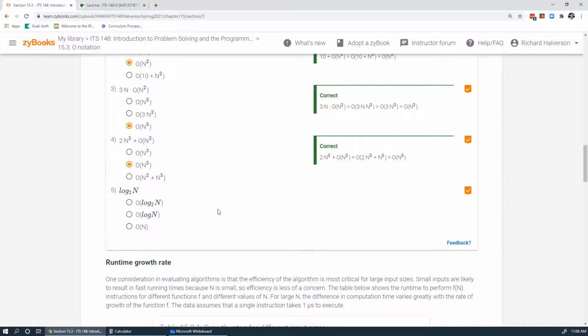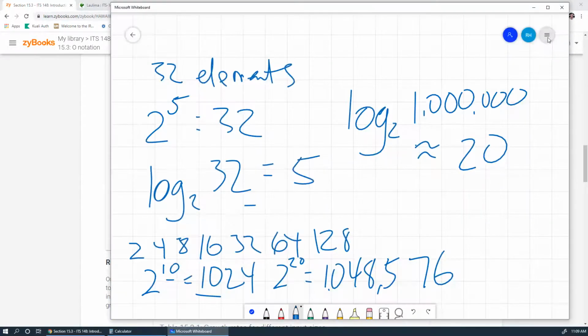We dropped the 2 because it turns out you can get between these logs just by constants.